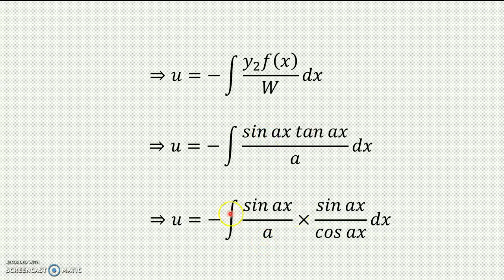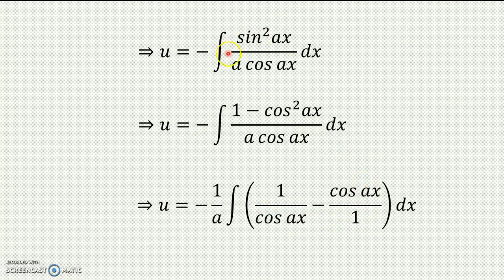But the multiplication of sine ax into sine ax becomes sine square ax, and the remaining denominator we write as it is, which is a into cos of ax, with integration with respect to x.